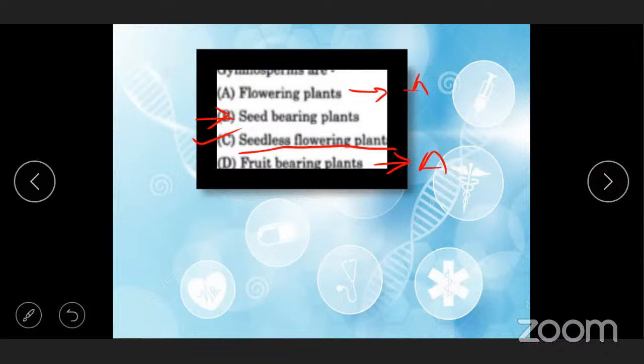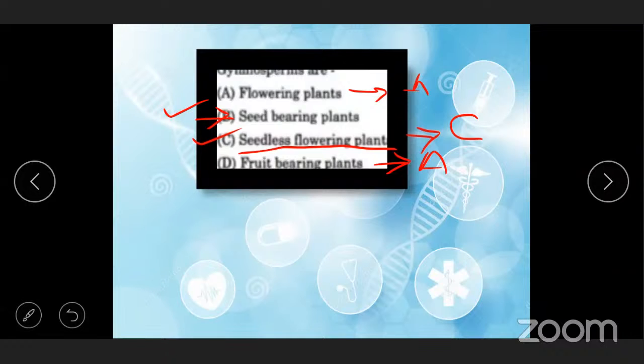Who will be the seedless flowering plants? You just saw the classification. Will they be cryptogams or phanerogams? Cryptogams. So the answer, which is absolutely right, is seed bearing plants. Let's go to the next one, people.